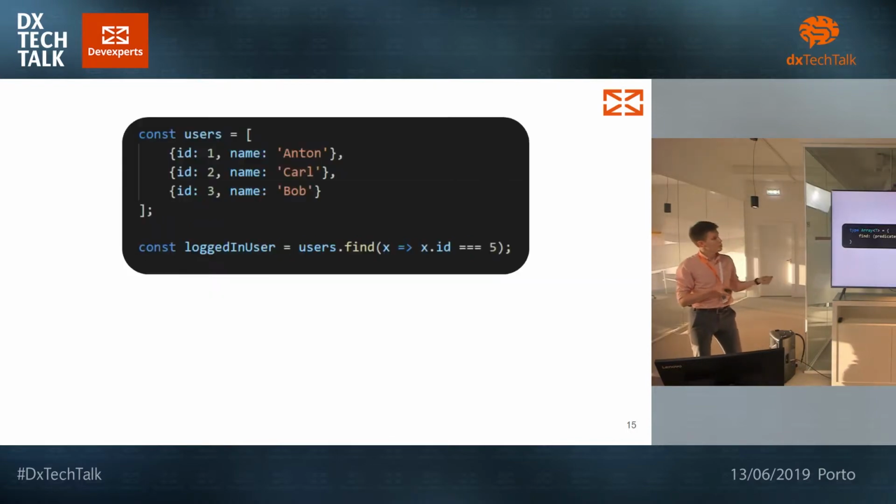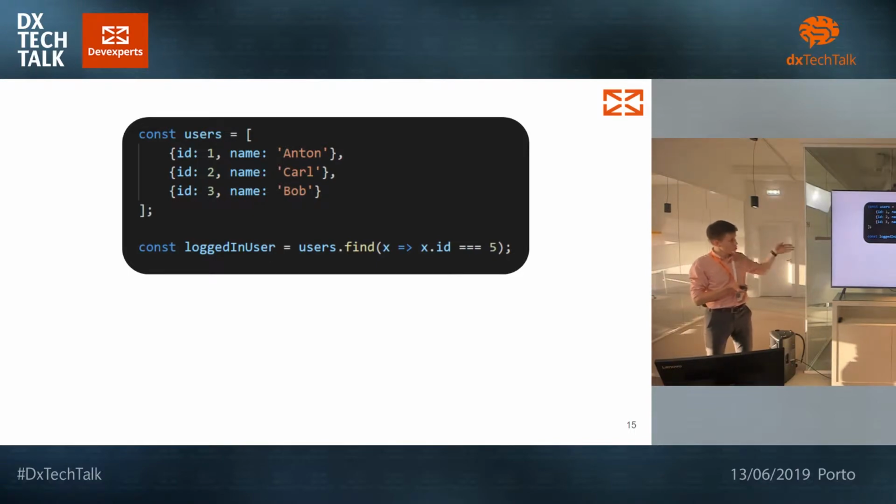So, how do we use it? Let's say we have an array of users, objects with ID and name, and we are trying to retrieve a user from this array using our find method. And we're giving it a callback, and if we do not find anything in our array, the logged-in user will be undefined.